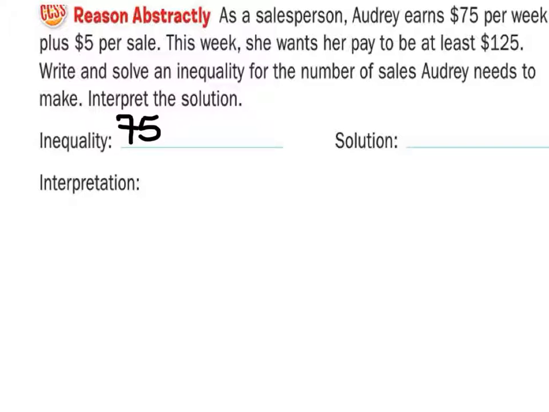And in addition to that, she'll get $5 for every sale. If she makes 5 sales, you'd do 5 times the 5. So this is 5 times X. X is going to be the number of sales.